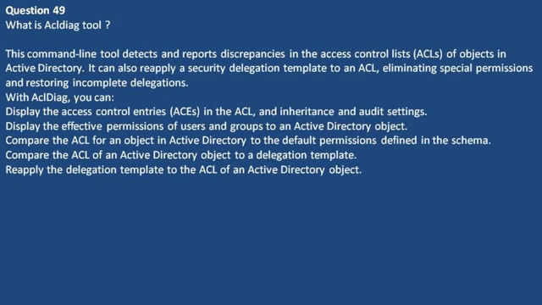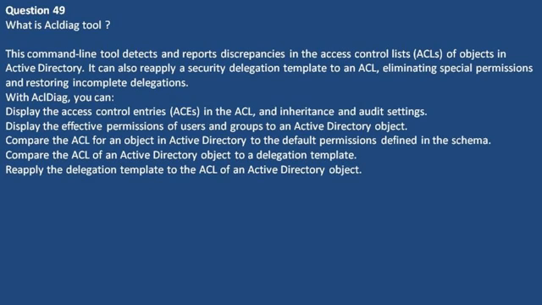Question number 49. What is the ACLDiag tool? This command line tool detects and reports discrepancies in the access control lists (ACLs) of objects in Active Directory. It can also reapply a security delegation template to an ACL, eliminating special permissions and restoring incomplete delegations.